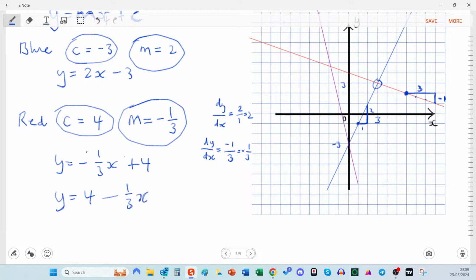So it's the same thing. It's still -1/3 x, but the -1/3 x is being written on the right, and it's still plus 4, but because it's being written at the front, you don't need to write plus. In that regard, you've got one less thing to write. It's seen as a little bit neater.